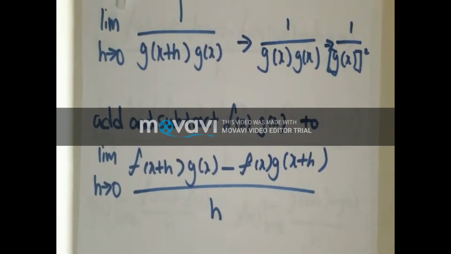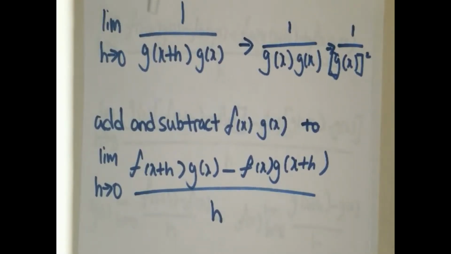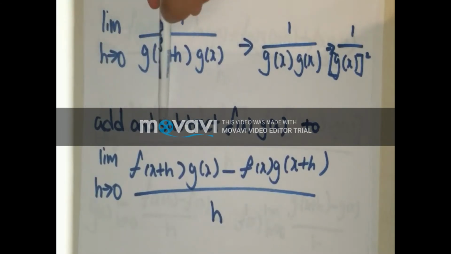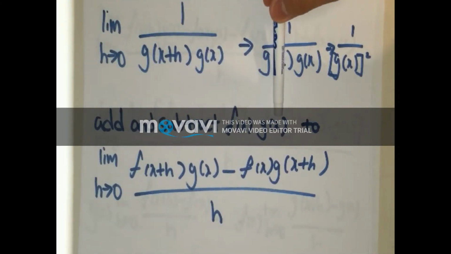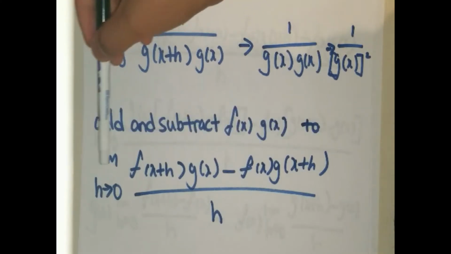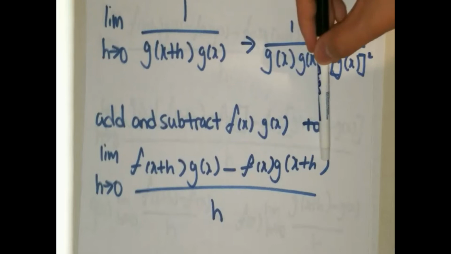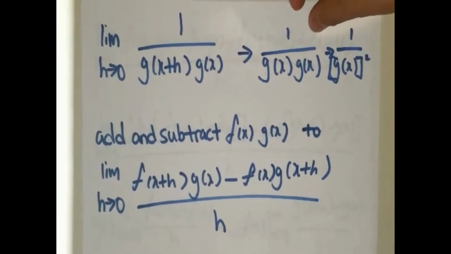For the first part, the limit as h goes to 0 of 1 over g(x+h) g(x) can be written, as h goes to 0, as 1 over g(x) times g(x), which is g(x) squared. For the second part, you can add and subtract f(x) g(x) to the limit as h goes to 0 of (f(x+h) g(x) minus f(x) g(x+h)) all over h.